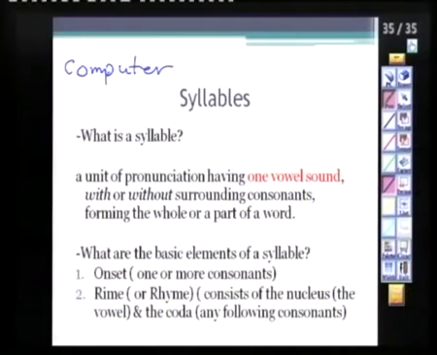Can anyone describe how you counted the syllables? Three syllables. So what did you do exactly? Why did you decide to split computer into first syllable, second syllable, third syllable? On what basis? Why did you say, for example, com is a syllable, pu is a syllable, ta is a syllable?